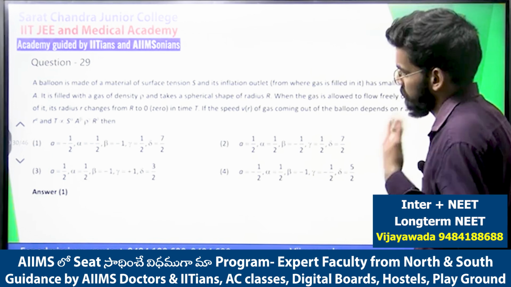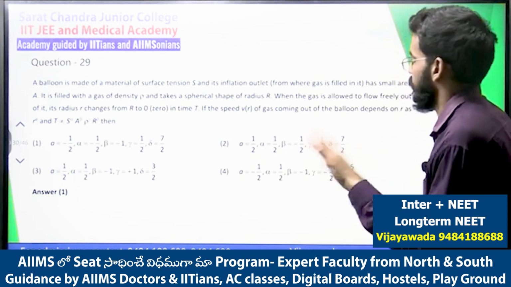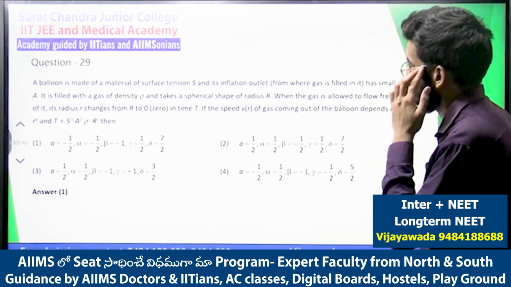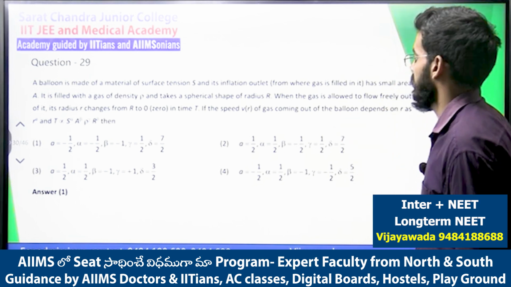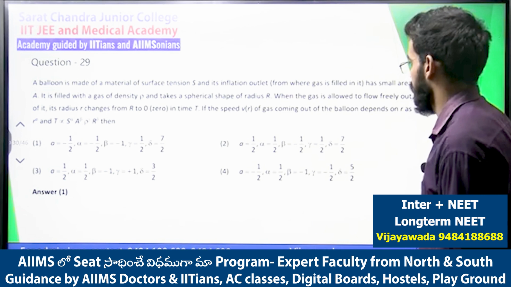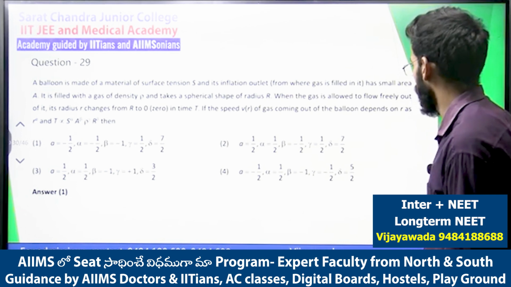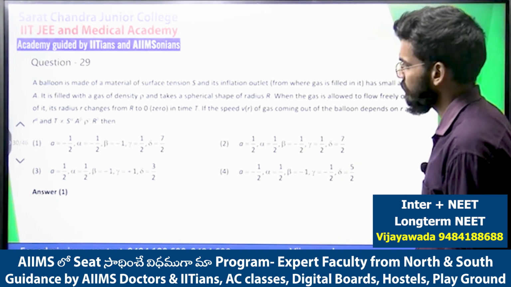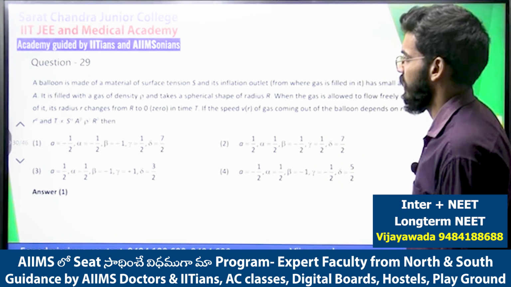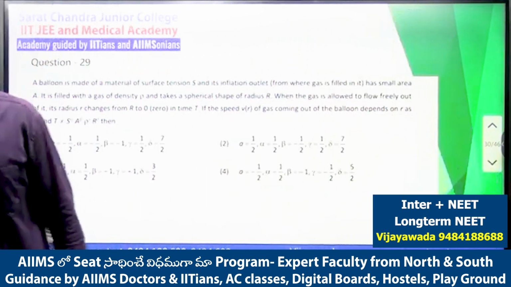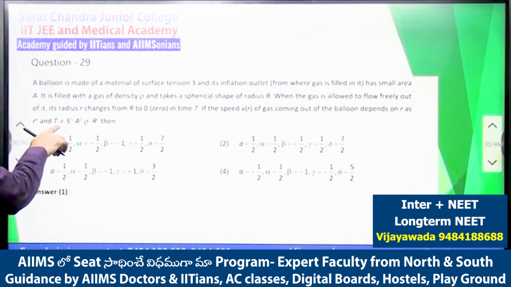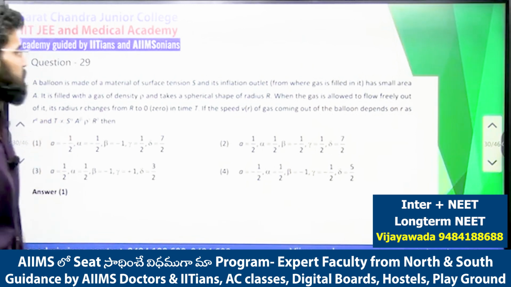Basically, the gas is flowing outward and the radius is decreasing, and in time t all the gas flows outward. If the speed v of the gas coming out of the balloon depends on the radius, as R alpha, and here T depends on S to the alpha, where S is the surface tension.